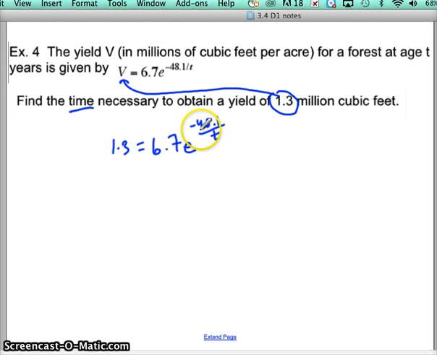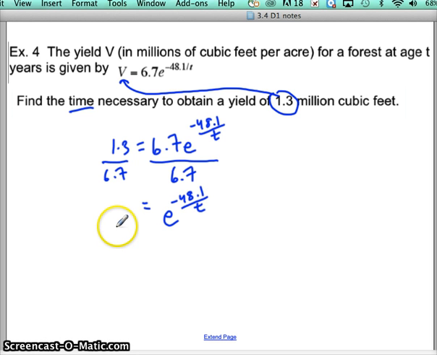Okay, I have to isolate this exponent, so I need to get rid of the 6.7. Let's just divide that out right away. So 1.3 divided by 6.7.